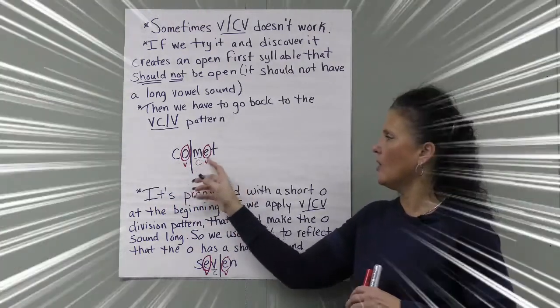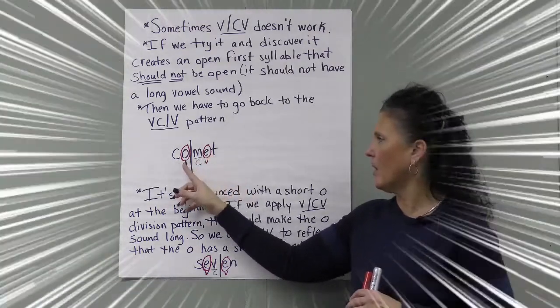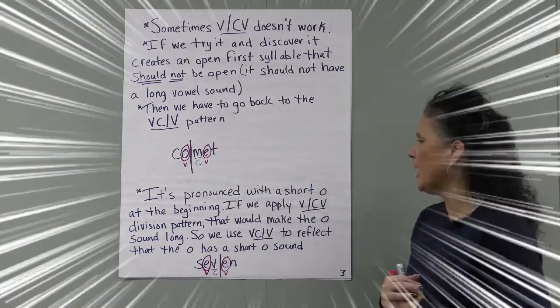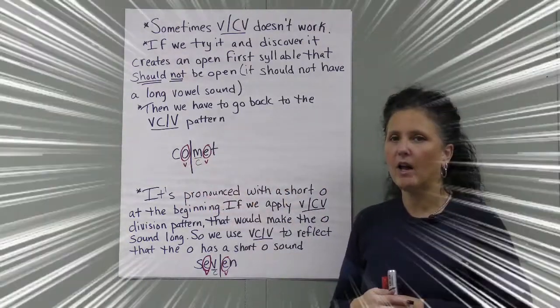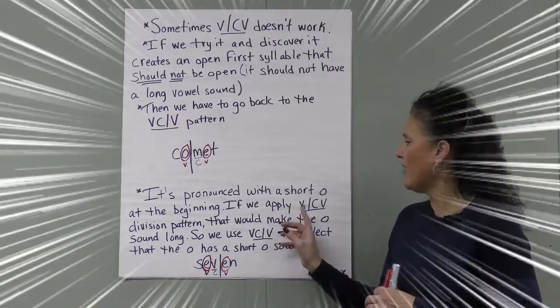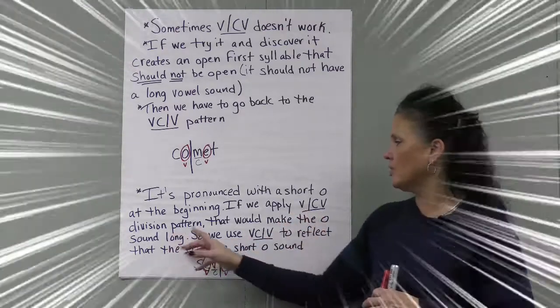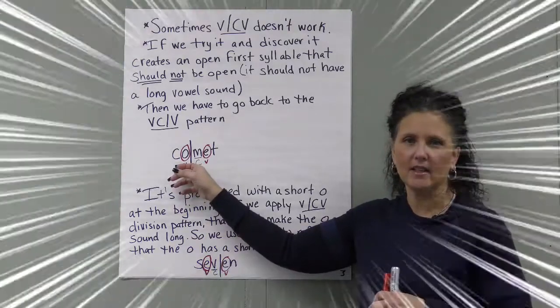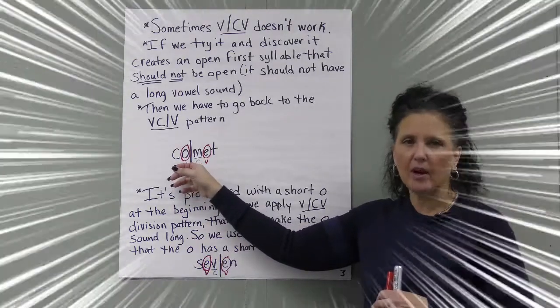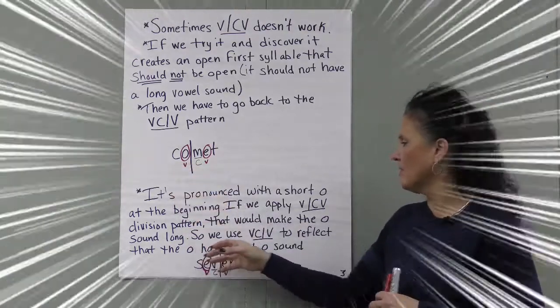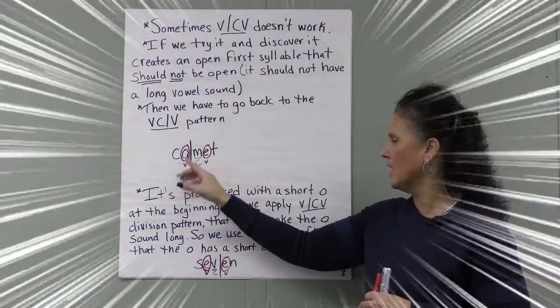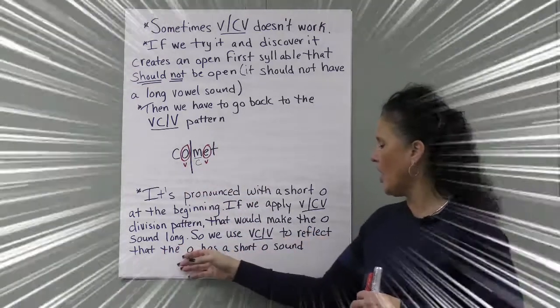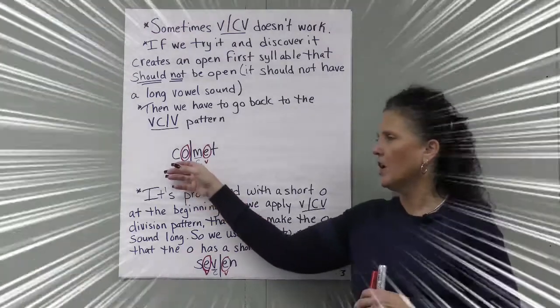You know, so that's your other vowel sound here, the O and the E. So it's pronounced with a short O at the beginning, right? Comet. If we apply the vowel, consonant, vowel division pattern, that would make the O sound long. It's not comet, right? So we can't separate it there. That's why we have to use the vowel, consonant, and then to reflect that the O has the short O sound, comet.